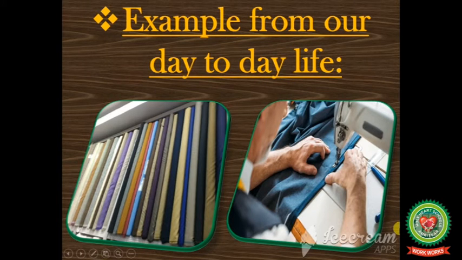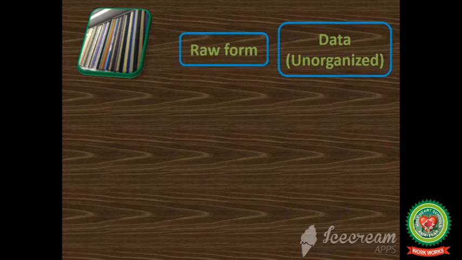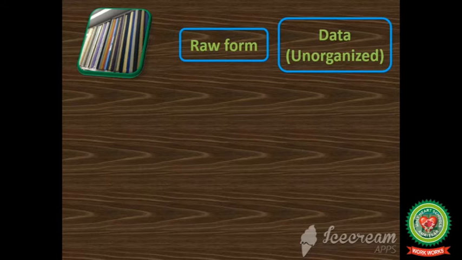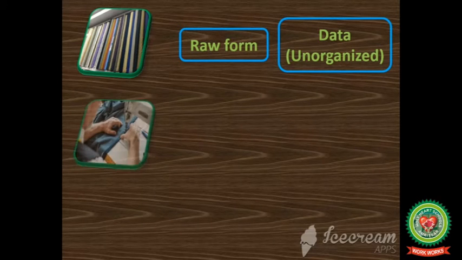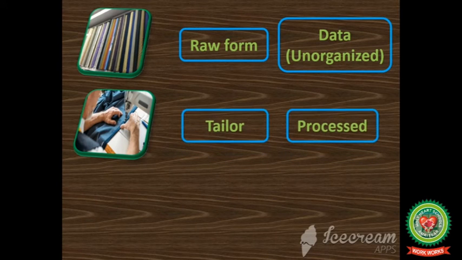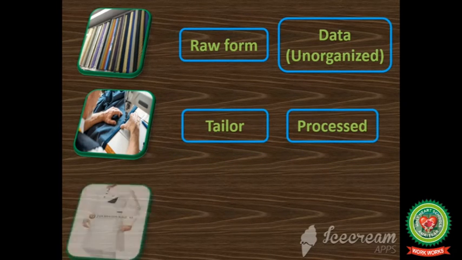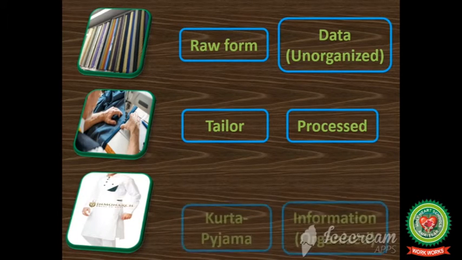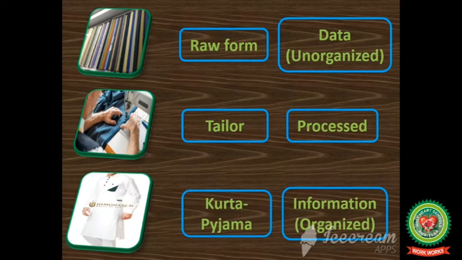Because the cloth in its raw form is not useful until it gets converted into some dress. So students, in this example, the cloth which is in raw form is known as data. When this cloth is given to the tailor, it is processed by the tailor, and after processing, we have got a kurta pajama which has become an information for us.